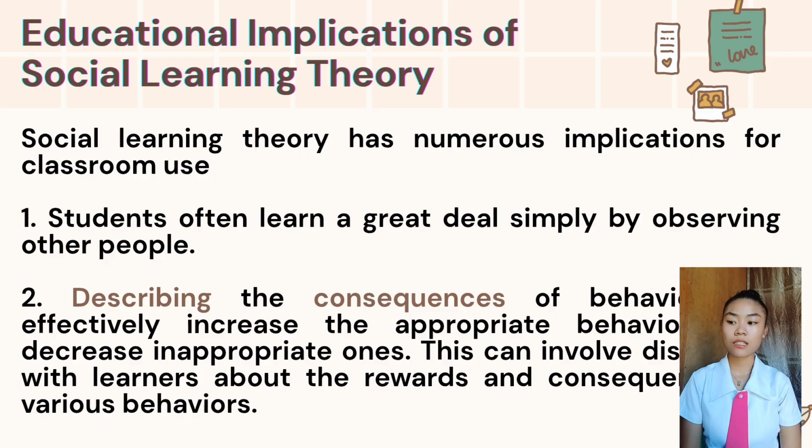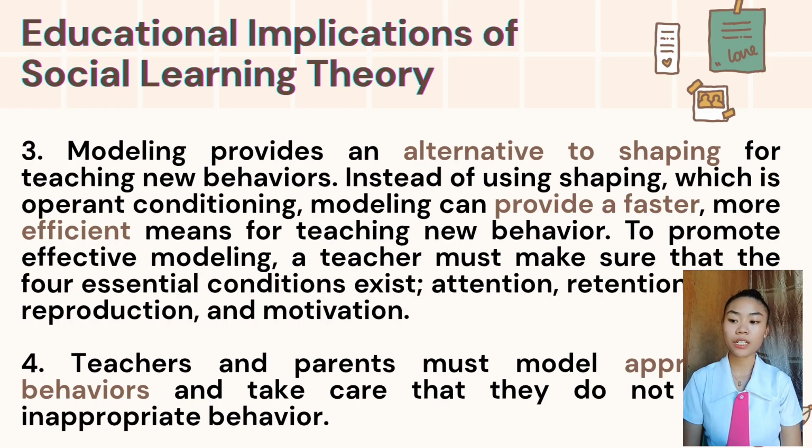So, next is modeling provides an alternative to shaping for teaching new behaviors. Instead of shaping, which is operant conditioning. Shaping is like commanding the child to do something. Instead of that, modeling can provide a faster, more efficient means for teaching new behavior.